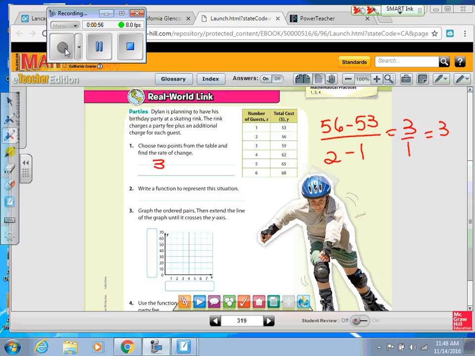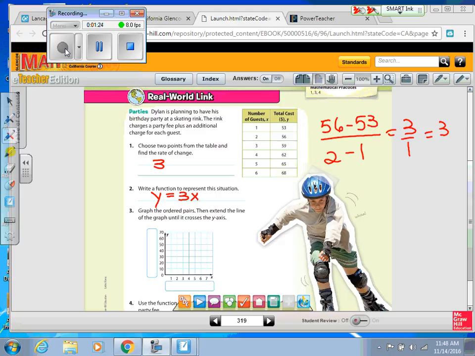Next, they ask us to write a function to represent the situation. So I know first that we've got y equals 3x. But when I analyze the table, which you need to do whenever you're doing these problems, something's wrong, because if I do 1 guest times 3, I get 3, but the total cost is 53. 2 guests times 3 is 6, and the total cost is 56.